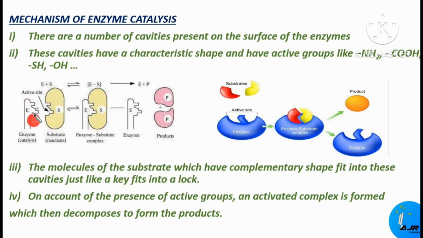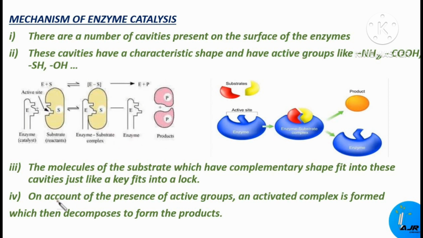See here, this is the enzyme and it has active sites, and this substrate also has the same type of shape, so that this substrate can fit into this enzyme just like a key that fits into a lock. The active site of a given enzyme is so shaped that only a specified substrate can fit into it, in the same way as only one key opens a particular lock.